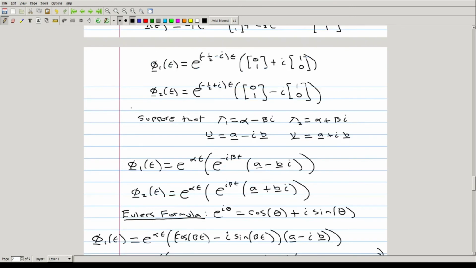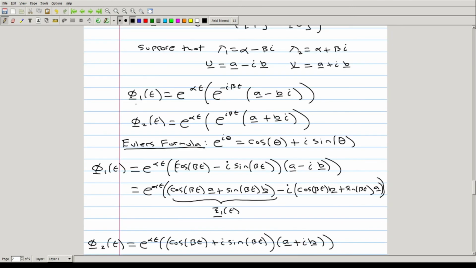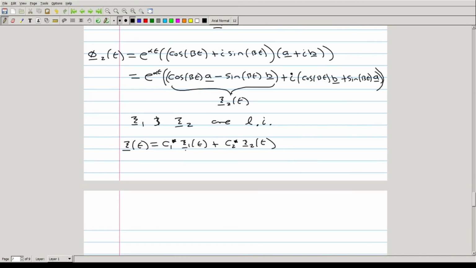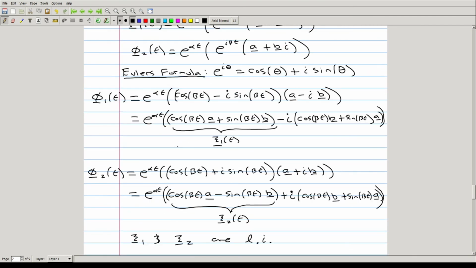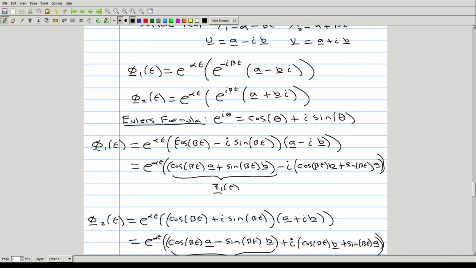You can go through and try and get the exact relationship, but really we don't need to, because we know that if we have two linearly independent solutions to our 2x2 system, then we'll be good.